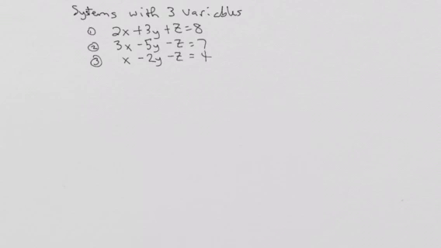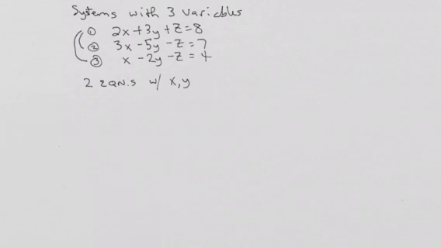It'll be easy to combine 1 and 2 to get rid of z. It'll be easy to combine 1 and 3 to get rid of z. I will have used all three equations, and I'll end up with two equations with x and y.